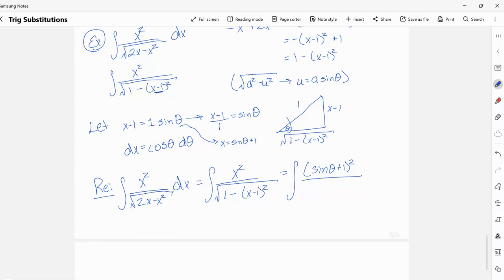That denominator, if we were to find the cosine of theta, is adjacent over hypotenuse. That denominator is going to be that square root of 1 minus x minus 1 quantity squared. So that's going to be a cosine there. And then dx is equal to cosine of theta, d theta.